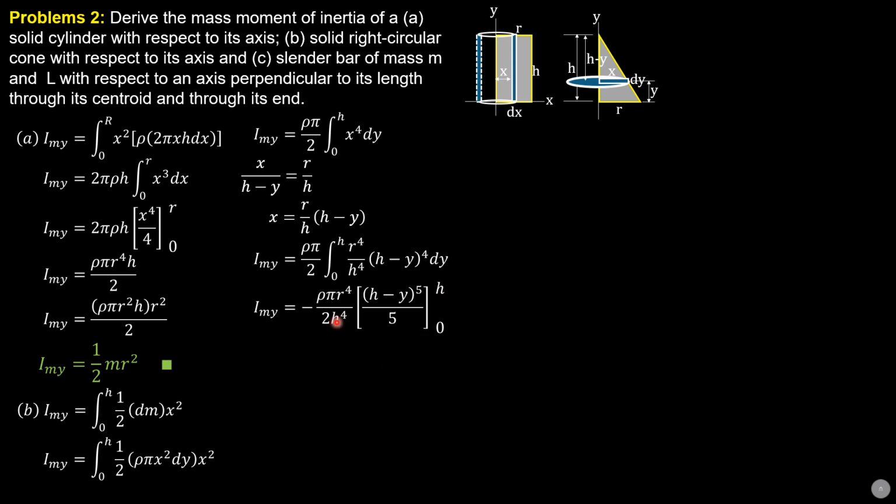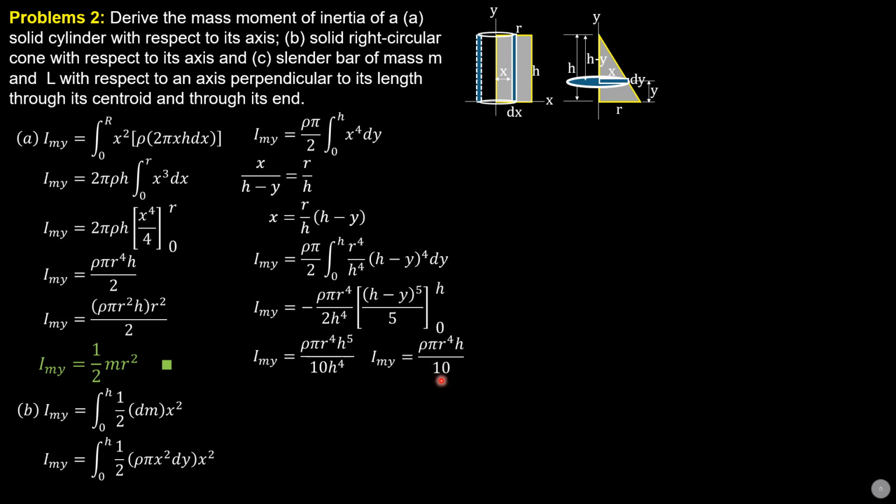So when we have upper limit 0, then minus the lower limit, it's negative. Negative times negative is positive. So that would be rho pi r to the fourth h to the 5 over 10 h to the fourth, which simplifies to density times pi r to the fourth h over 10.